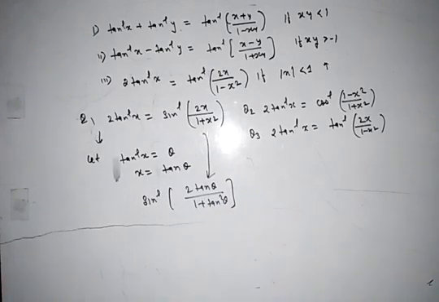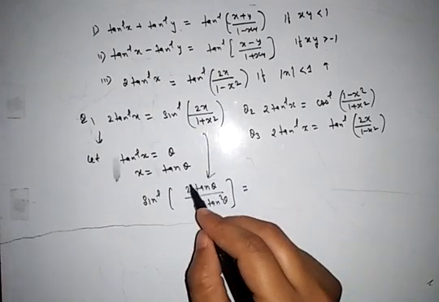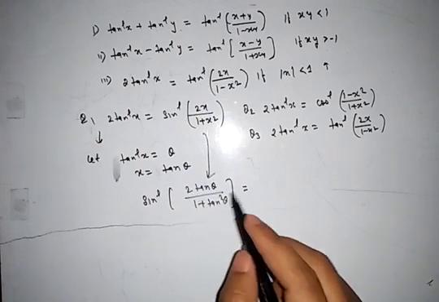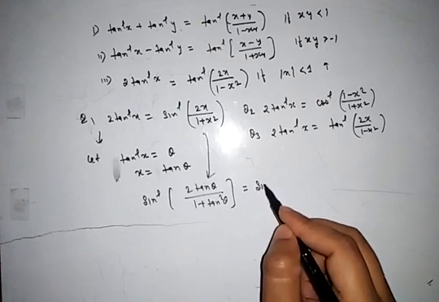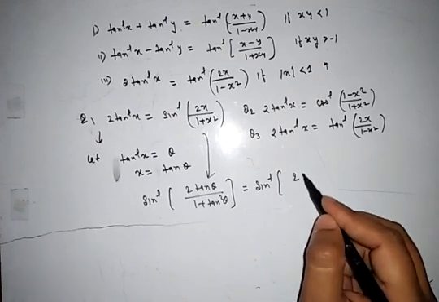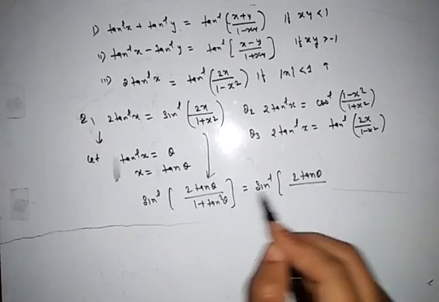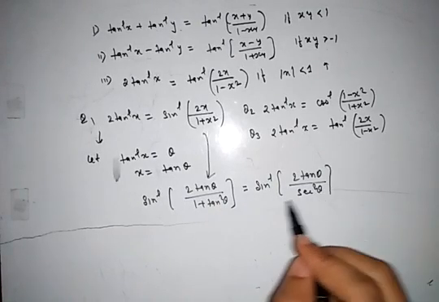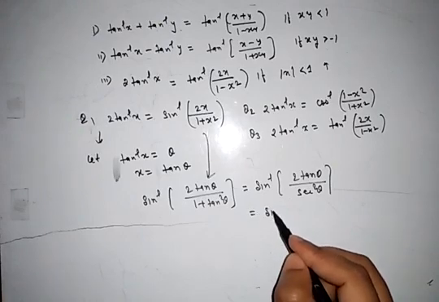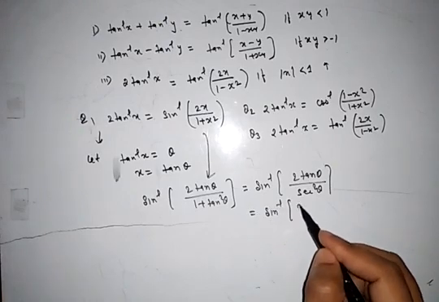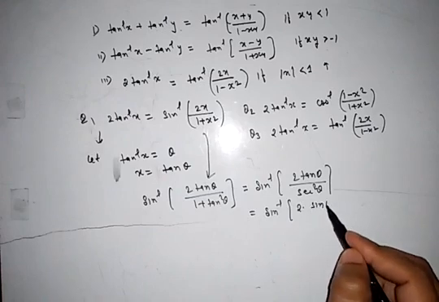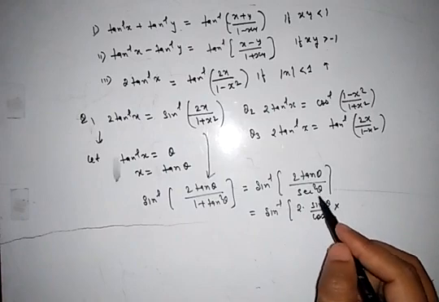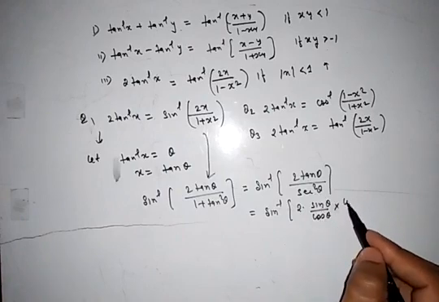What happens if you solve this? 1 plus tan square theta is sec square theta, so you get sine inverse of twice tan theta by sec square theta. Further, you will get sine inverse of twice sine theta by cos theta into 1 by sec square theta, which is nothing but cos square theta.